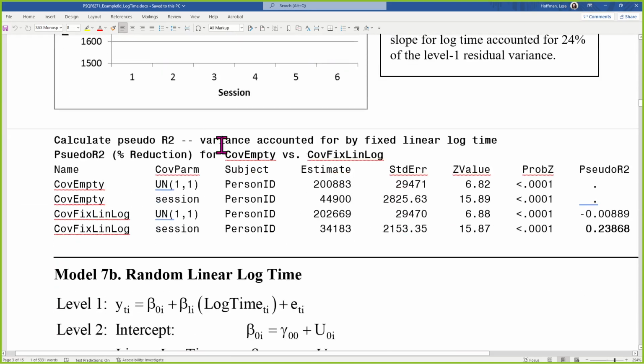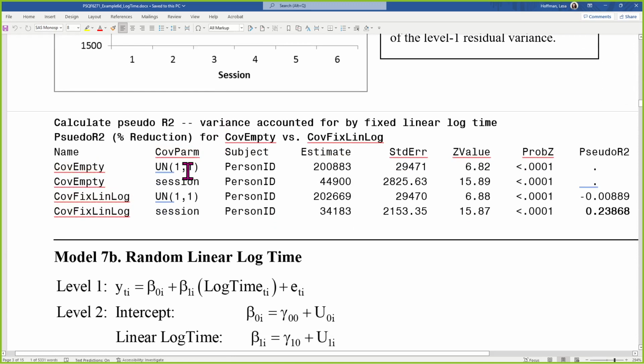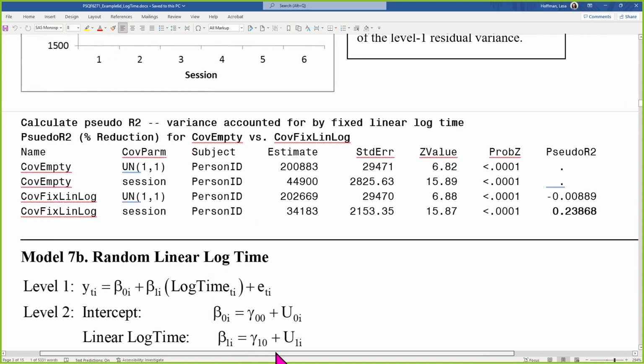I did a pseudo R-square against the empty model, which is not in this handout, but it was shown in example 6A for the same data. And it looks like we have accounted for 24% of the variability at level 1. So of all of the variability that was within persons, 24% of that, give or take, is because of constant differences over time that people share.